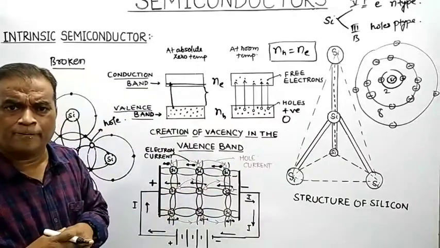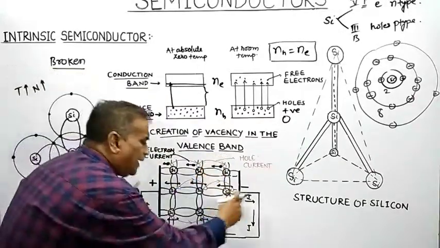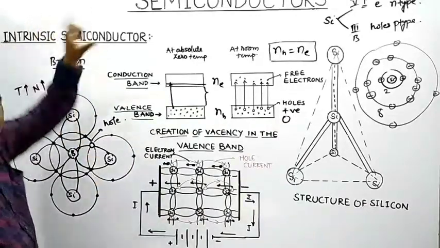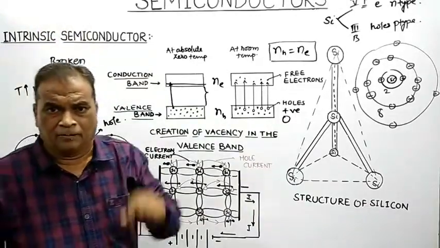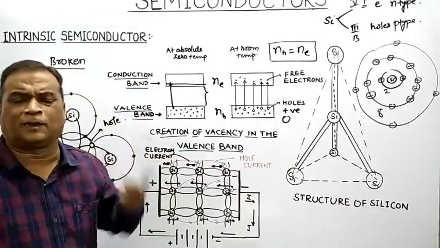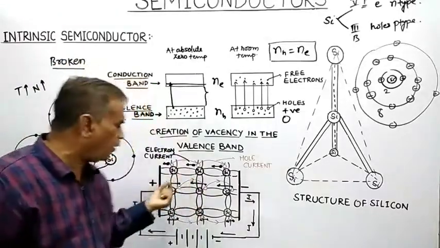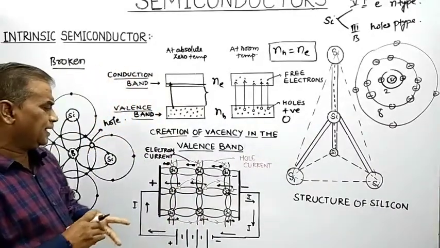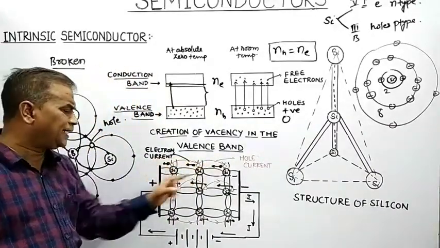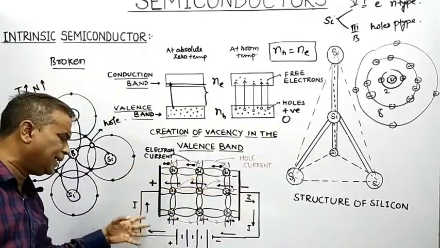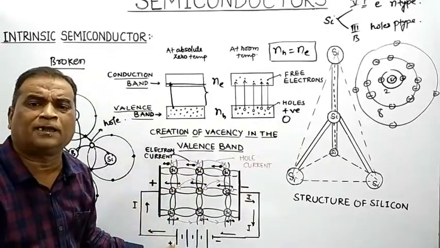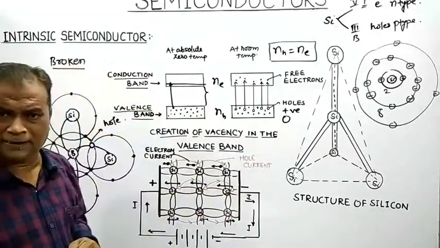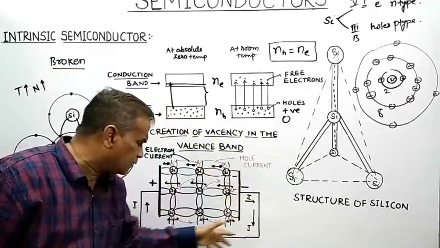Formation of a hole. So when an electric field is applied across a pure semiconductor or an intrinsic semiconductor, because a few of the covalent bonds are broken, a pair of hole and electron is available due to thermal agitation. Electrons, being negatively charged particles, definitely get attracted towards the positive terminal of the battery, while the holes, which are the positive charges, get attracted towards what?